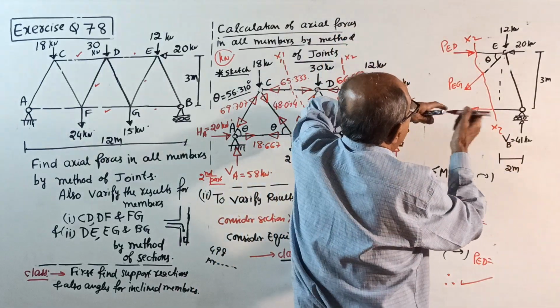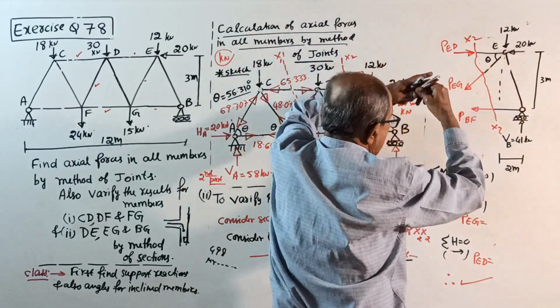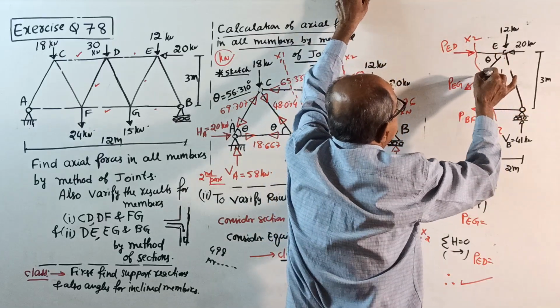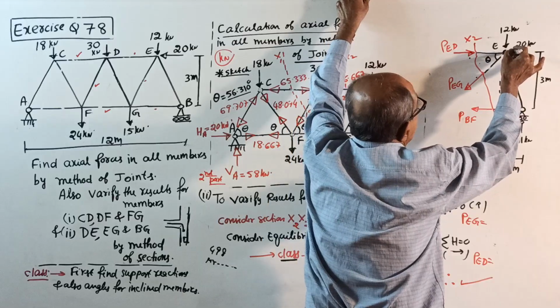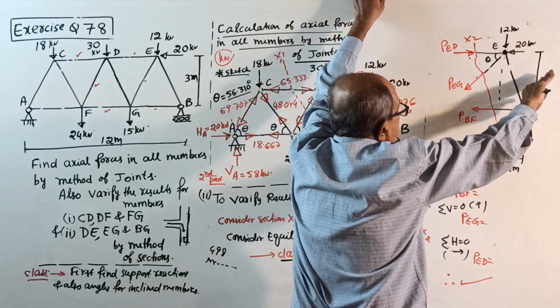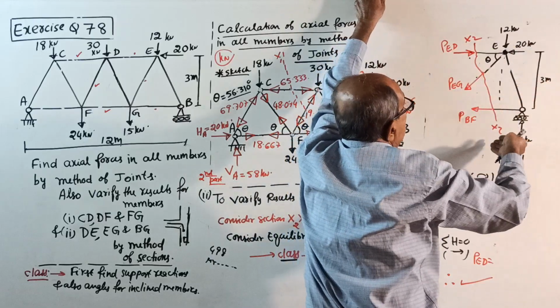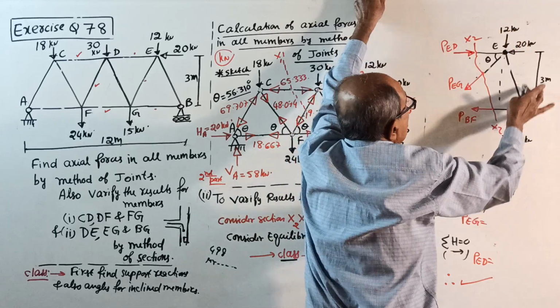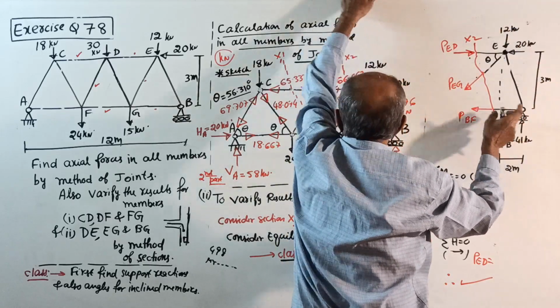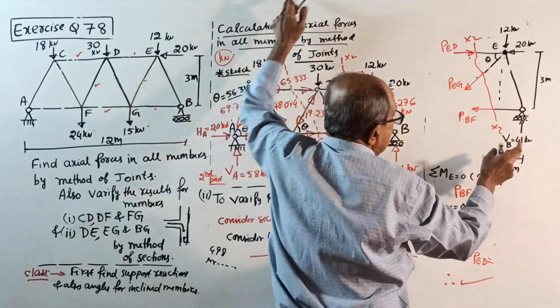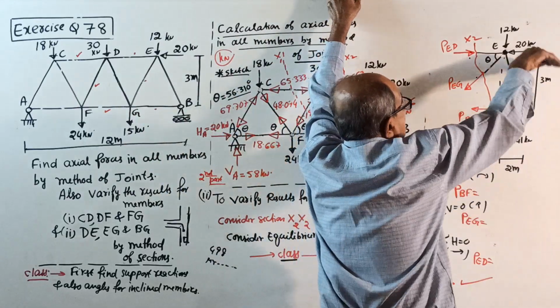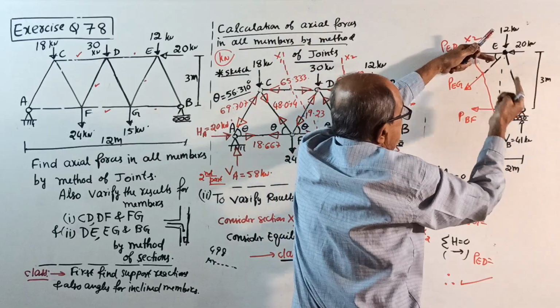See, when you take moment, two unknowns are meeting here. When you take moment about E, plus PBF into 3. Then, minus 41 into this distance; since it is 4 meter, this is 2 meter. Minus C, plus PBF into how much?